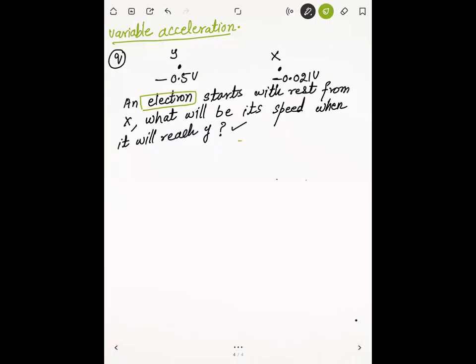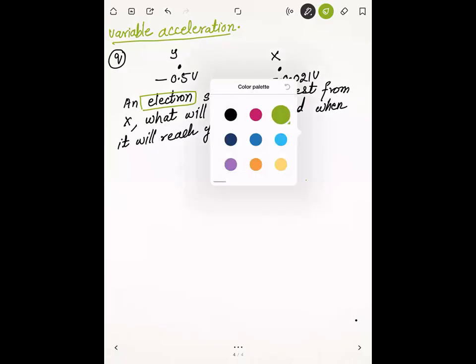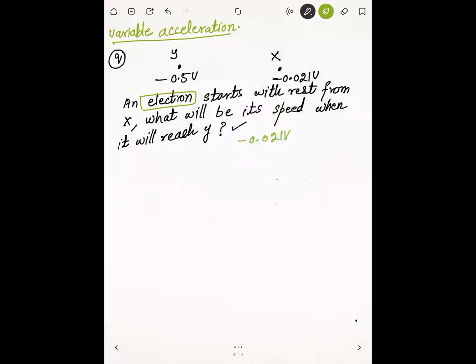So potential of X, that is negative 0.021 volt, is smaller, no, in fact bigger. It's a scalar, so sign will count. So if the value is smaller and negative, then actually it is bigger than negative 0.5 volt. So negative 0.02 volt is bigger than negative 0.5 volt.